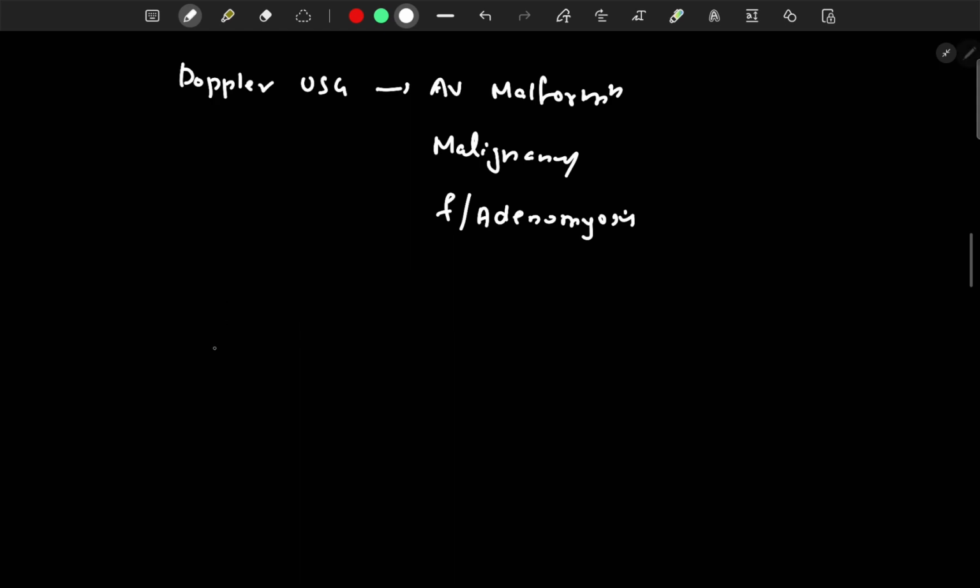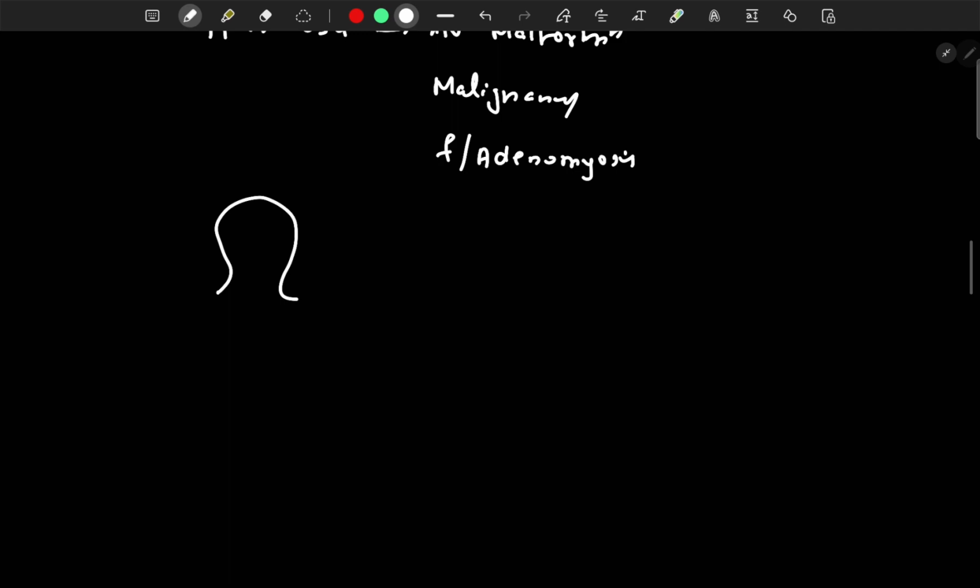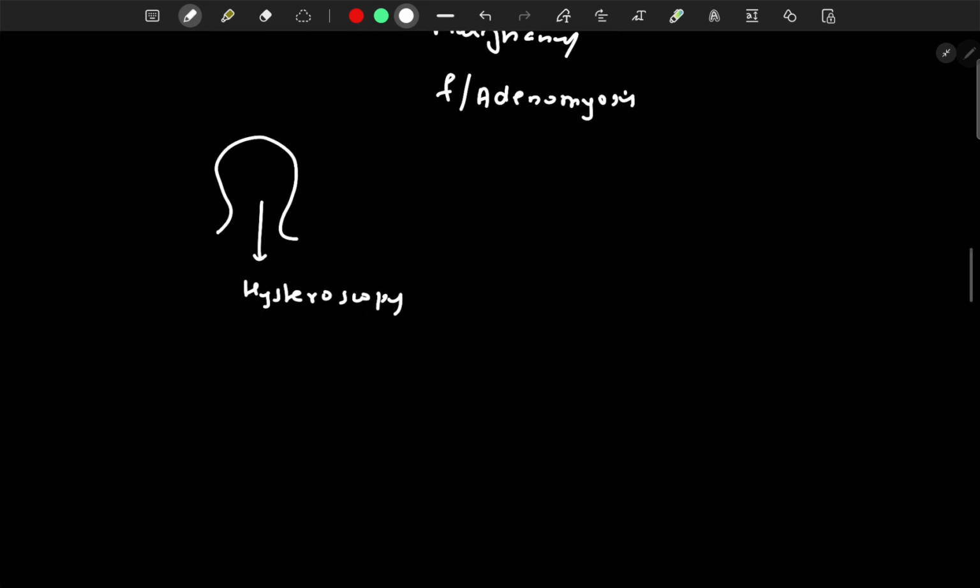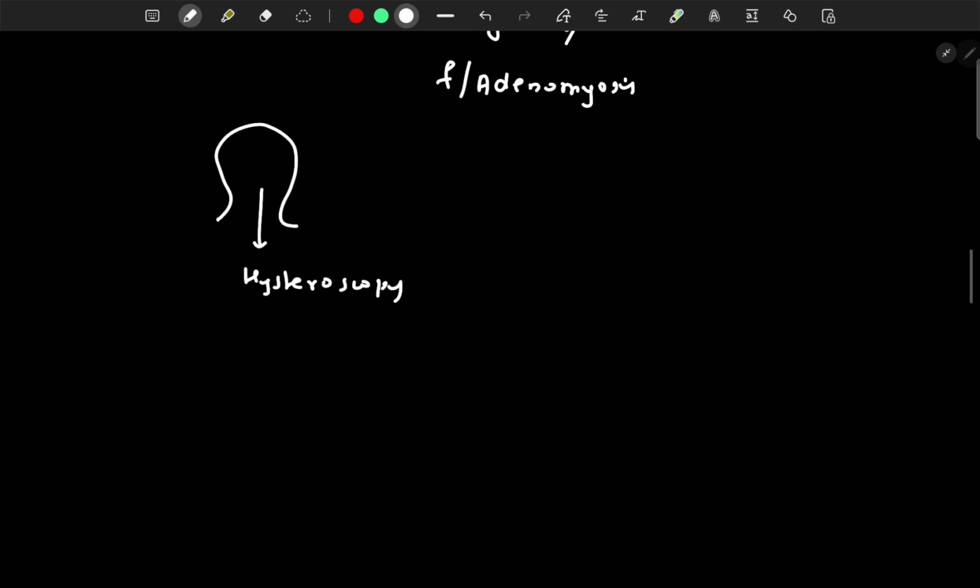If there is any intracavitary lesion, the best is to visualize by hysteroscopy. Then we can also use saline infusion sonography. That is, we infuse the saline and do a USG. Then there is something called a 3D ultrasound.